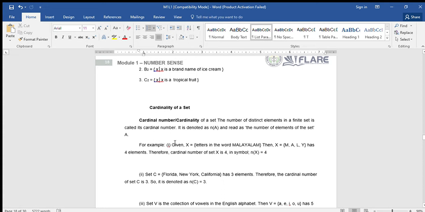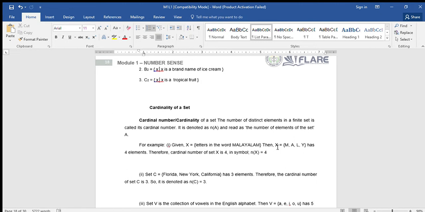For example, set X is equal to the letters in the word Malayalam. Then, kung maghimo ta na og set, dili man na nato balik-balikon ang mga words, di ba? Kay ingon galit ta na ang set daw is this having distinct elements.